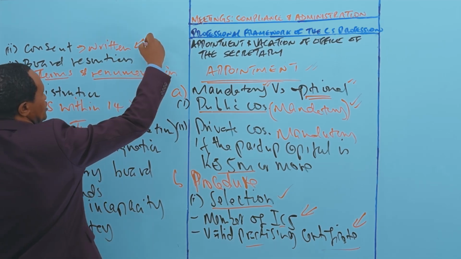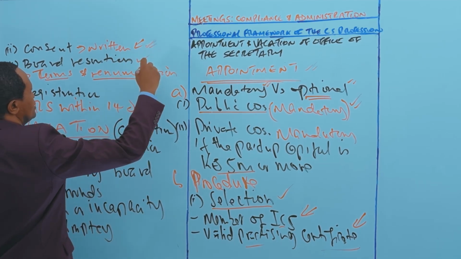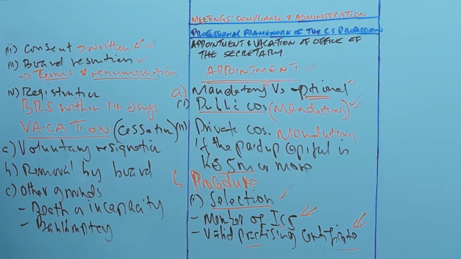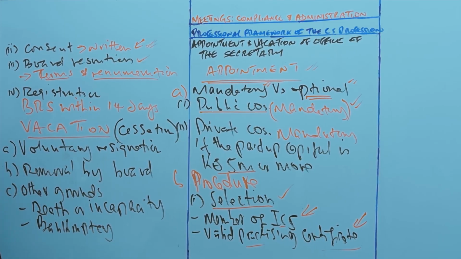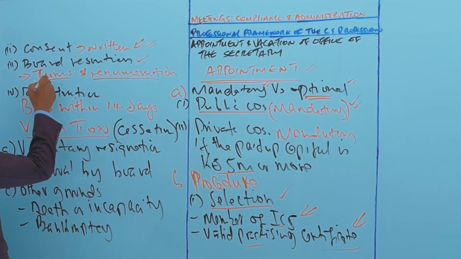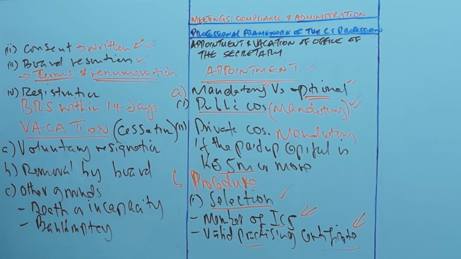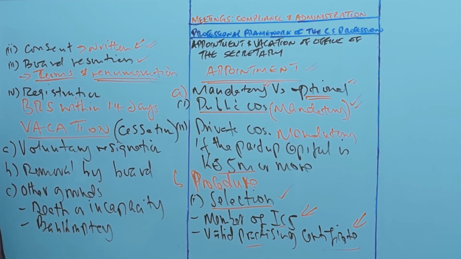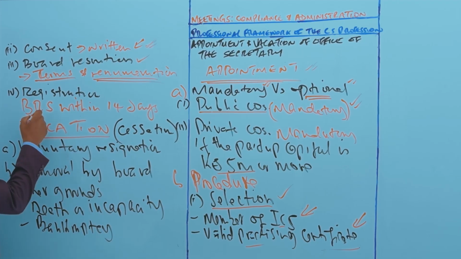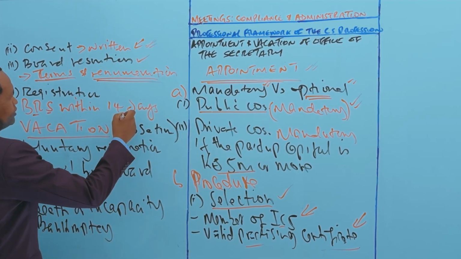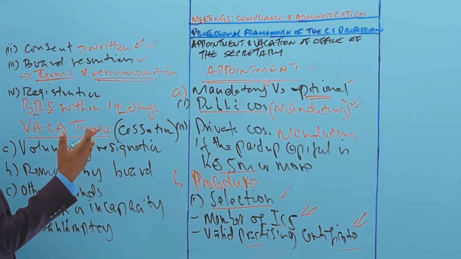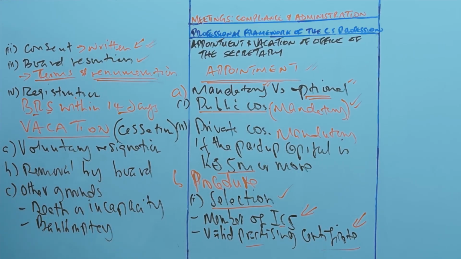After receiving the written consent, the board has to sit and pass a resolution to formally appoint the company secretary. In this appointment letter, the board has to state the terms of service and the remuneration. After which, the registration has to be done with the Business Registration Service at the eCitizen portal within a period of 14 days. That is how to appoint a company secretary.